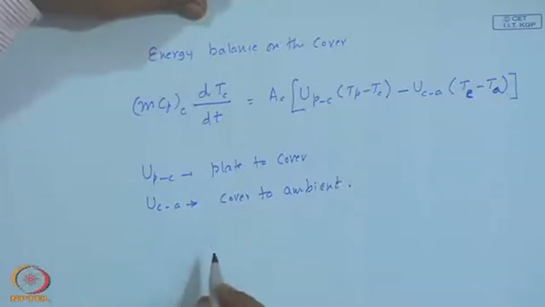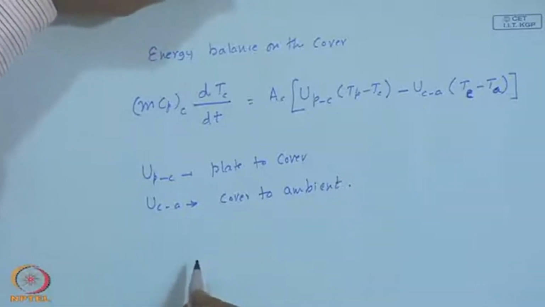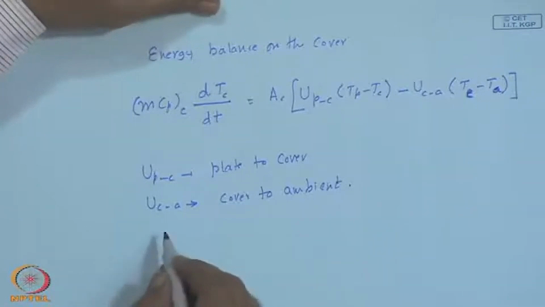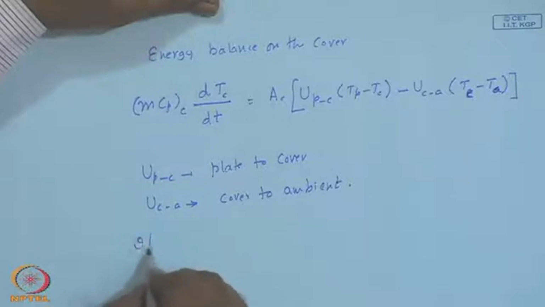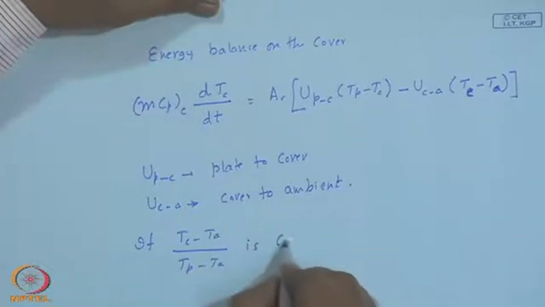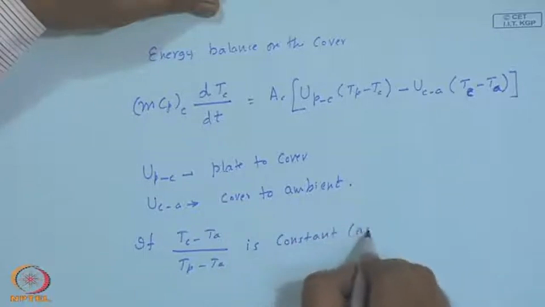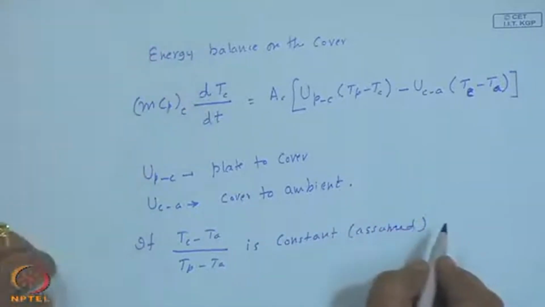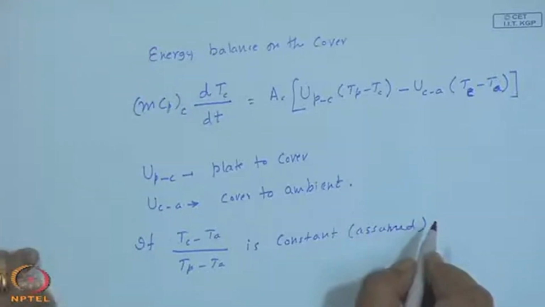Now, of course, these are two simultaneous equations for T_p and T_c. One can solve them simultaneously, first order, not very difficult, but a great simplification occurs if (T_c minus T_A) upon (T_p minus T_A) is assumed constant. T_c is changing, T_p is changing, T_A is changing.